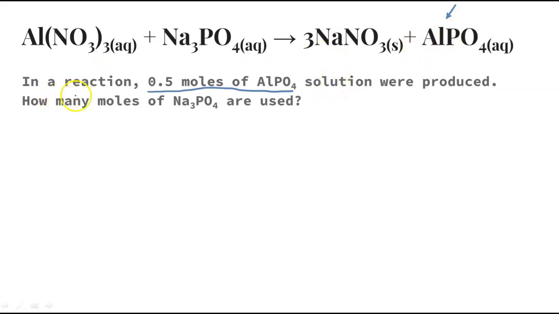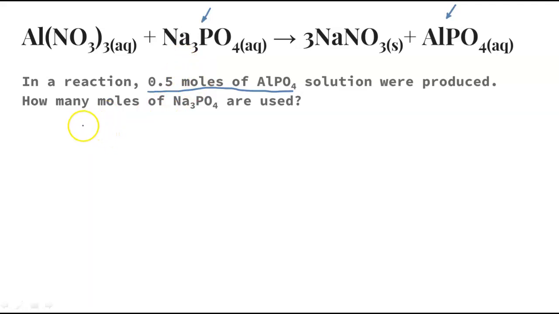And I want to know how many moles of Na3PO4 were used to get just half a mole as opposed to 1 mole. Now, many of you might be looking at this and already in your head being able to say, well, if I only have half the quantity of AlPO4, then I need to have half the quantity of Na3PO4. Wouldn't the answer be 0.5 moles? And you're right, it is 0.5 moles.